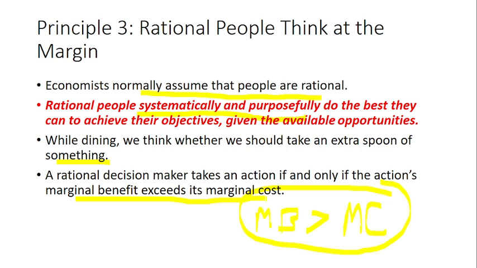That means we will always be thinking at the margin, about the additional. So a rational decision maker takes an action if and only if the action's marginal benefit exceeds marginal cost. This is the third important principle of economics, that is, rational people think at the margin.